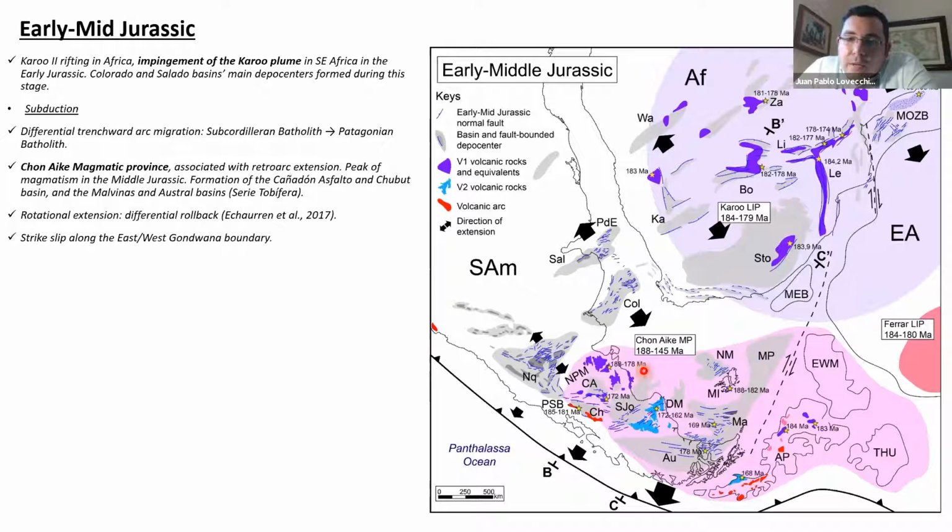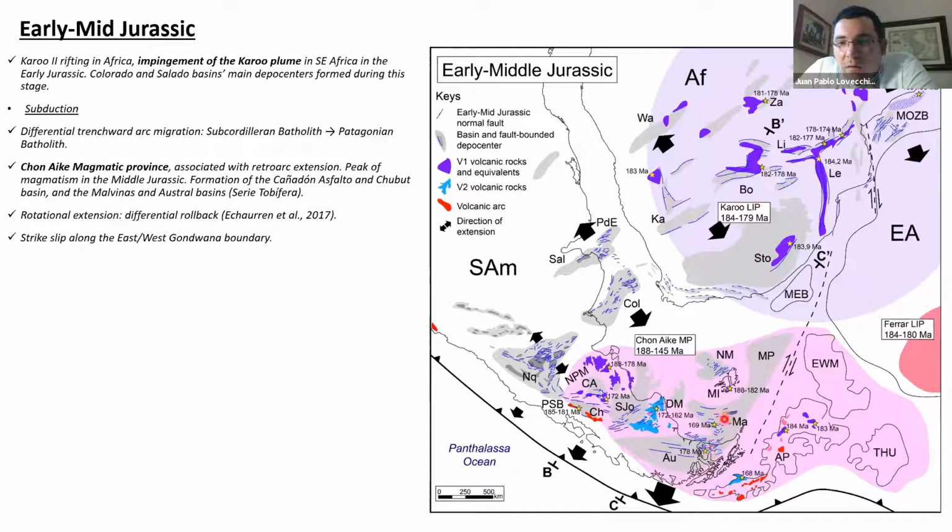The magmatic province is diachronous from north to south. The younger rocks are deposited here towards the southwest, and in the Rocas Verdes oceanic back-arc basin.